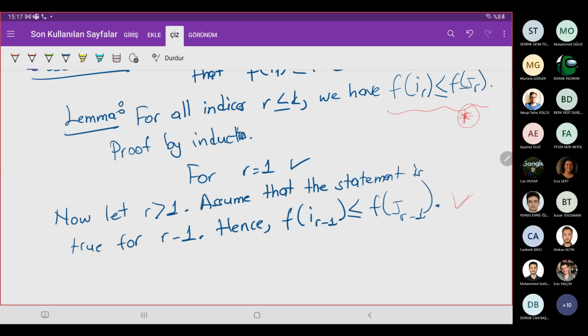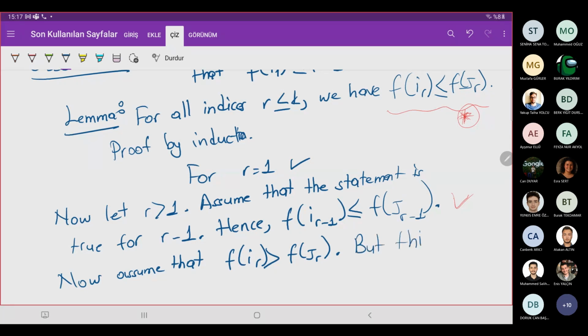It will mean that the star here is true. So to obtain a contradiction, now assume that fir is greater than fjr. Assume the contrapositive. But this cannot happen.